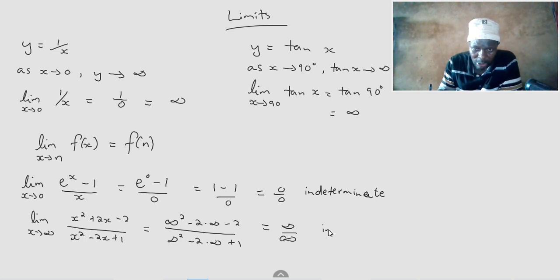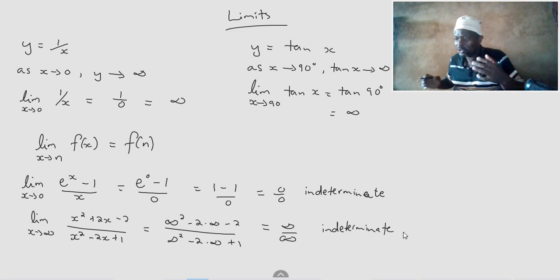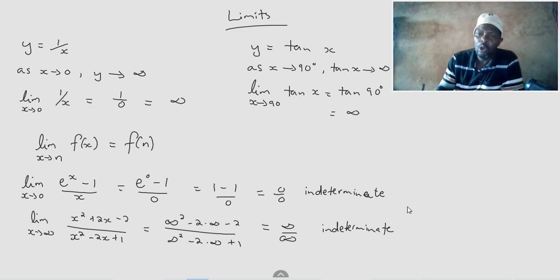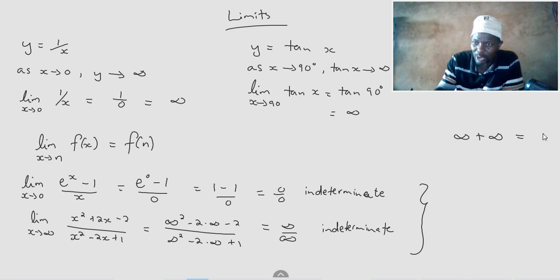How do you determine that? It's indeterminate. I cannot say for sure what that is going to give me. So what do I do here? We also get instances where our limit gives us infinite plus infinite, which is simple, that's infinite.